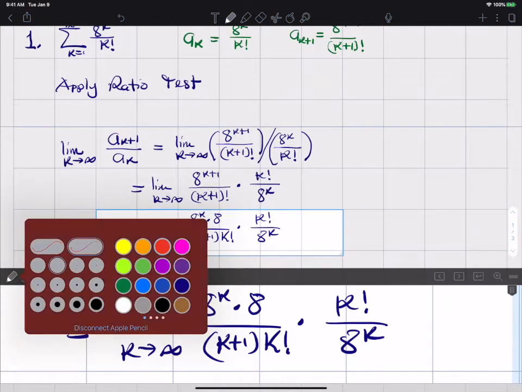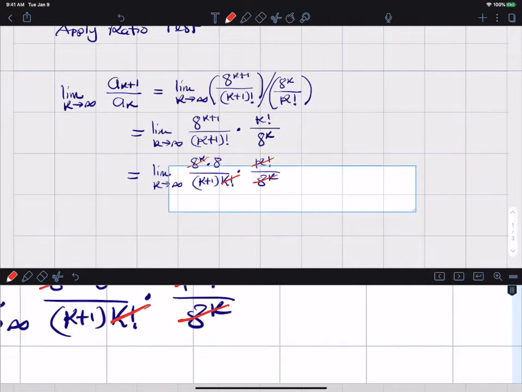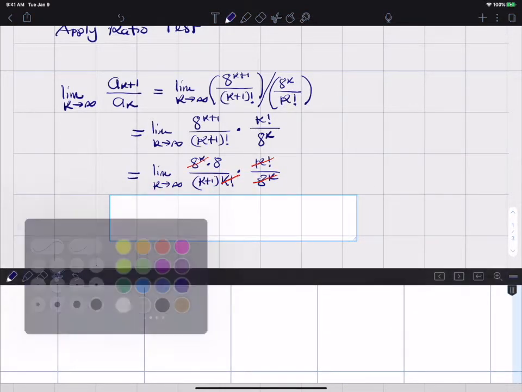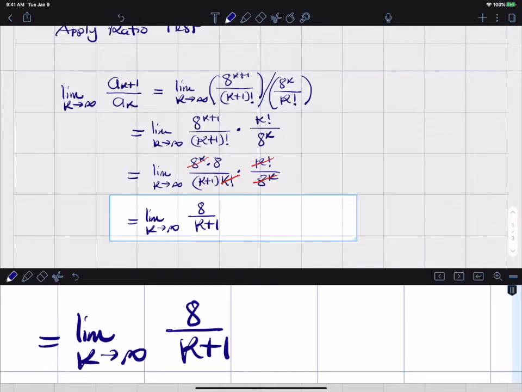So we can have a little cancellation party here. This and this will cancel out. This and this will cancel out. All right, so this leaves us with the limit as k goes to infinity of 8 over k plus 1. As k goes to infinity, this limit is 0. Right.